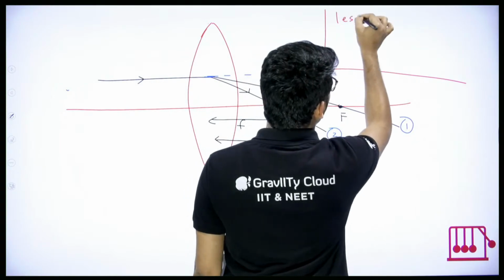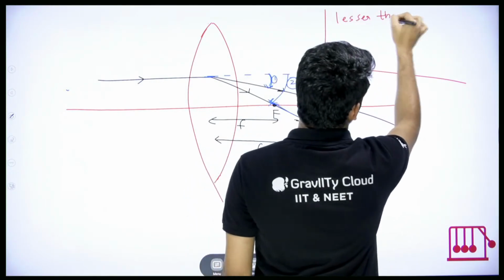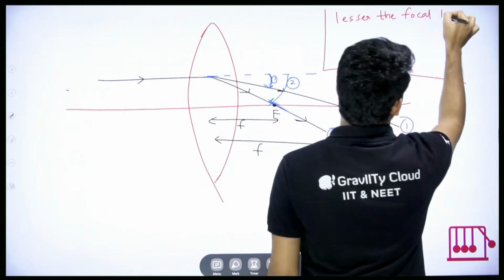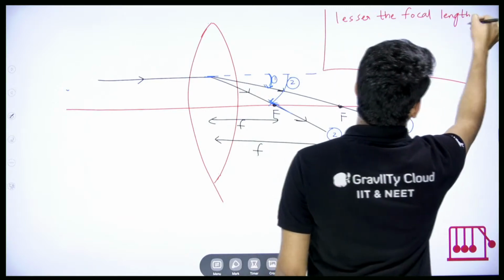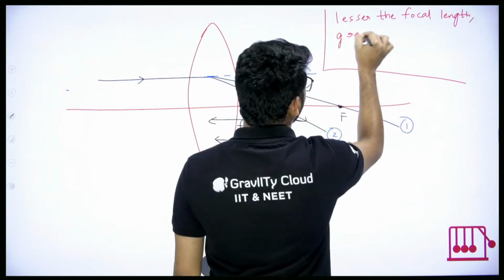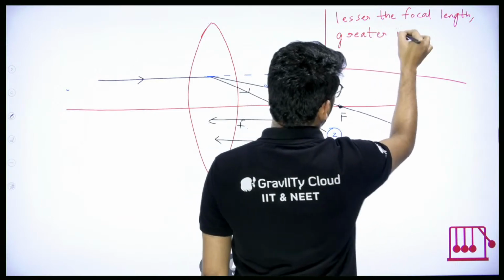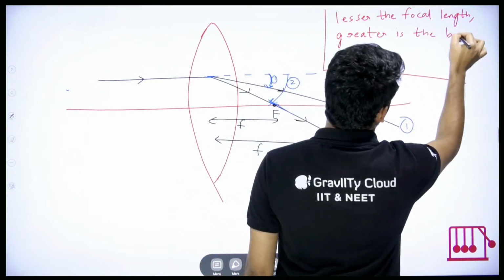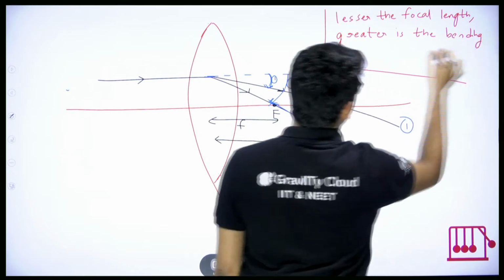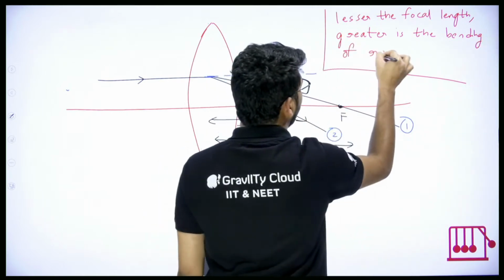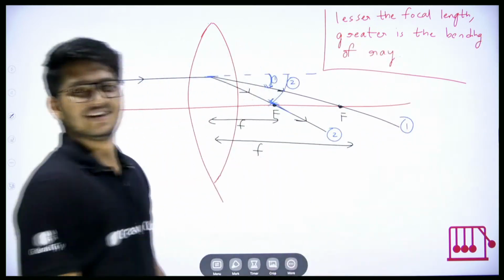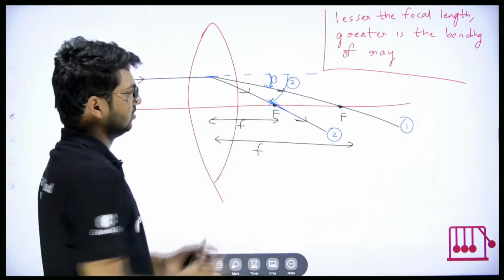So here you can clearly say a point: lesser the focal length, greater is the bending. You can say convergence, it's fine. Greater is the bending of the ray. Clear? Just look at that carefully.